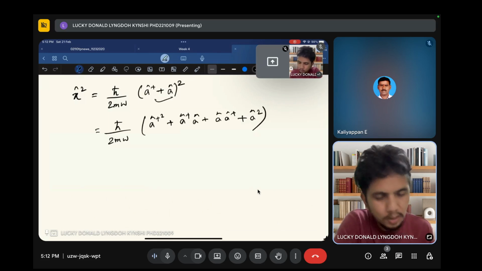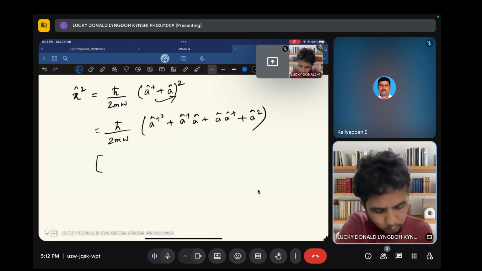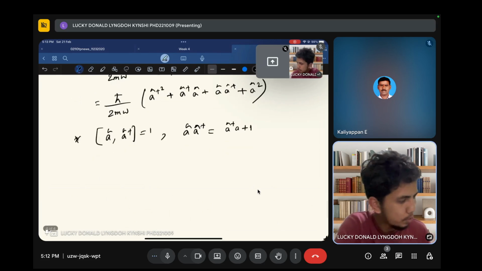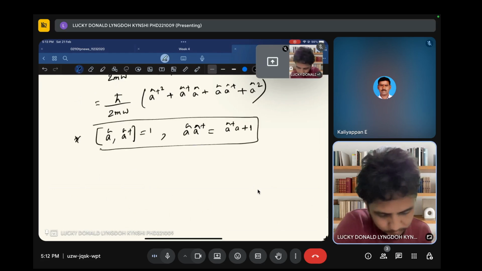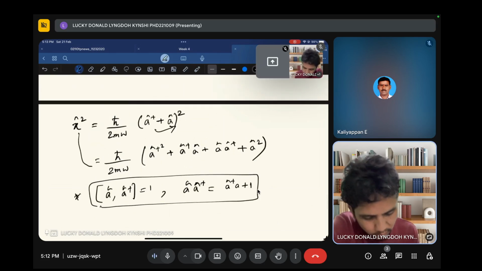We just need to expand this formula, (a plus b) whole square. Here also some formulas are important: the commutator of a cap and a cap dagger equals 1, and also a cap into a cap dagger will be equal to a cap dagger a cap plus 1. We might be using this set of formulas. Now you already know the value of x square, which is given by this value.